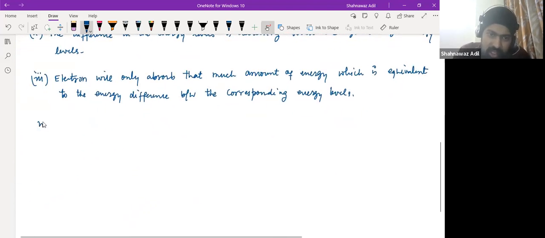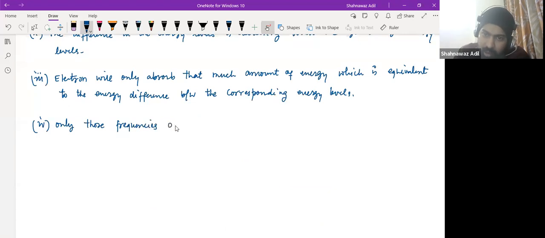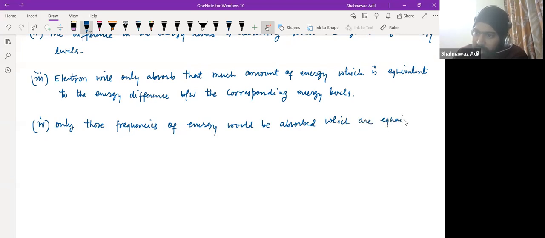we can say that only those frequencies of energy would be absorbed which are equivalent to the difference between the corresponding energy levels.